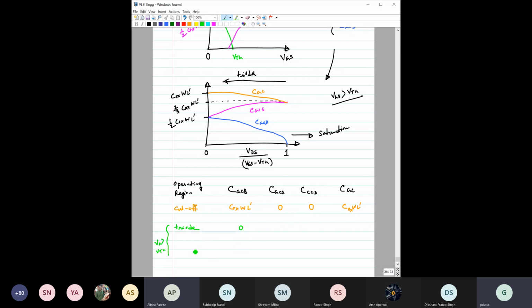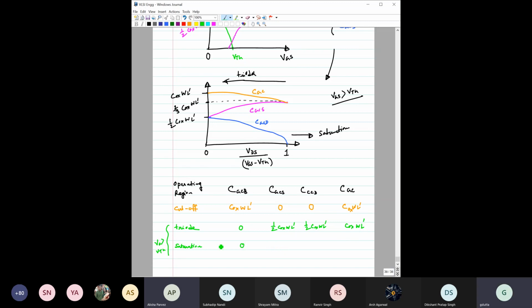And CGS, we have seen, would become half of Cox WL dash. Here it would also become half of Cox WL dash, and the total capacitance is equal to Cox WL dash, right?